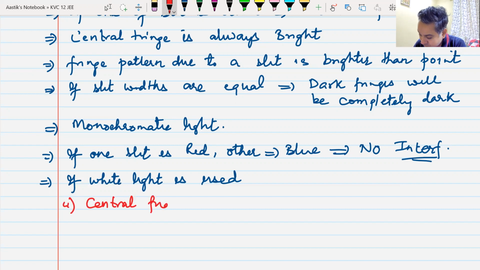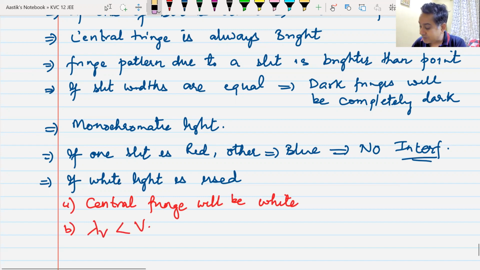The central fringe will be white. And I told you some things we can understand now, some things we may understand later on. Lambda for violet is less than lambda for red. We understand this? Yes.